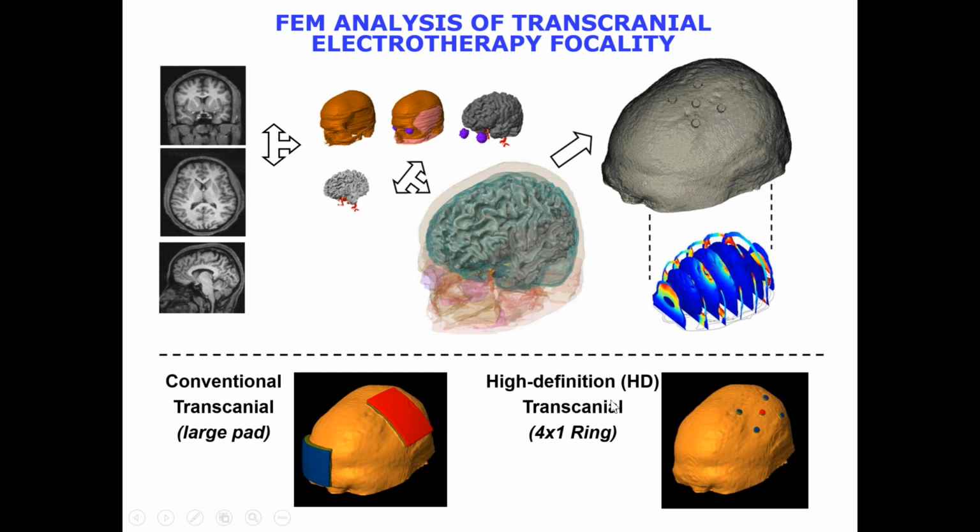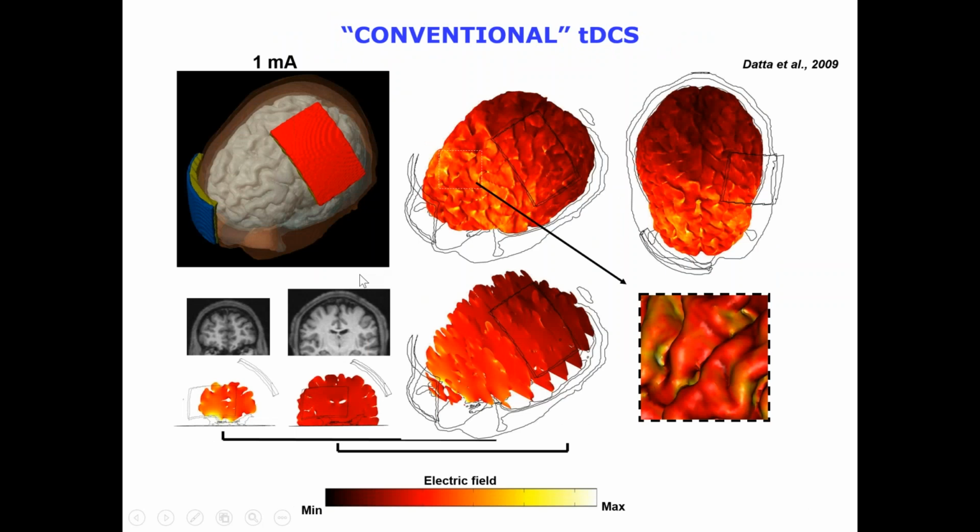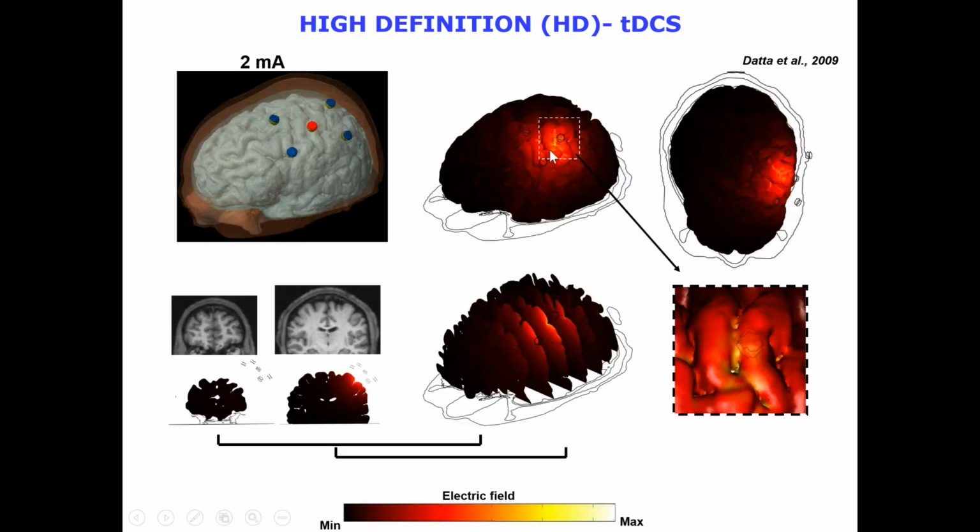transcranial direct current stimulation versus maybe the more conventional model, which sometimes is applicable to use, but you definitely get much more focality here. So that is one type of non-invasive, and there are a few others related to that.